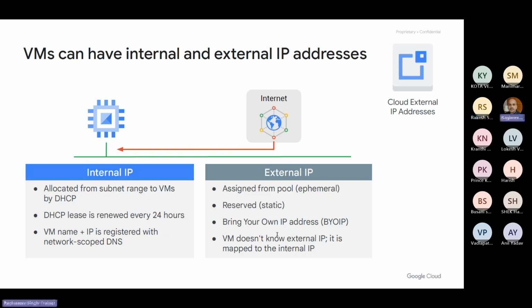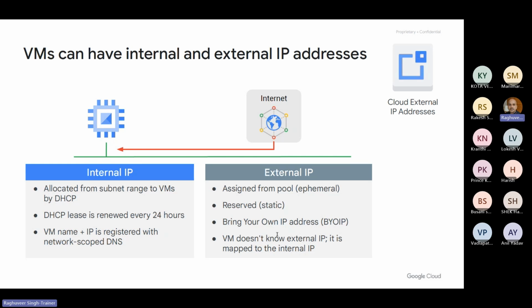Okay, moving on. The other thing that you need to remember is that a VM doesn't know its external IP. It is mapped to the internal IP. So a virtual machine in Google Cloud and in AWS doesn't know its public IP. It will always communicate over private IP.